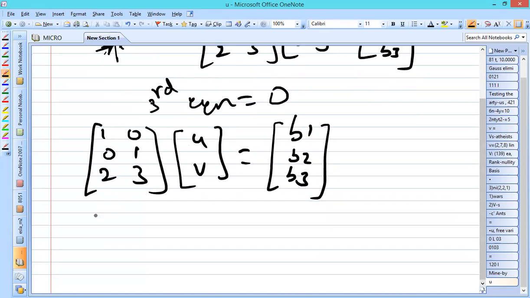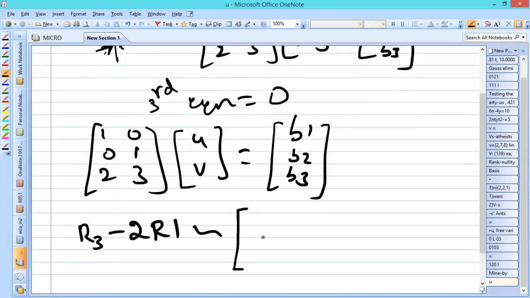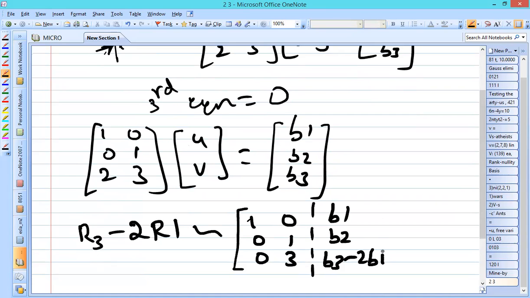I'll be performing R3 minus 2R1, and if you perform this, it will result in 1 0 0 1 0 3 augmented with b1 b2 b3 minus 2b1.